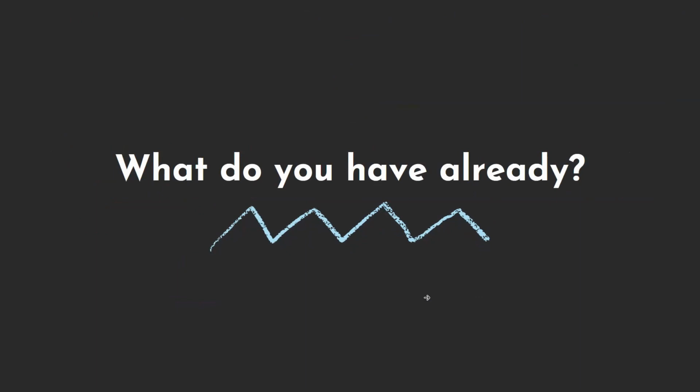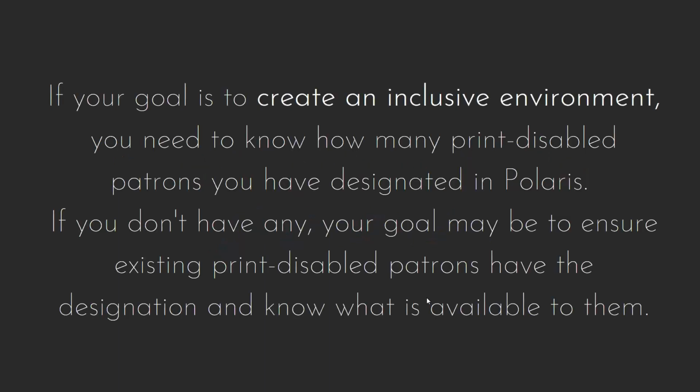And if my goal is to create an inclusive environment, I need to know if I have print disabled patrons designated in Polaris. Since you don't, if you want an inclusive environment to be your goal, maybe your goal is to ensure existing print disabled patrons have the designation and that they know what's available to them.